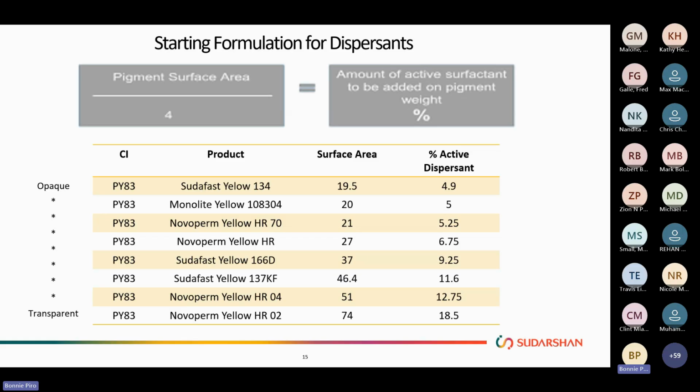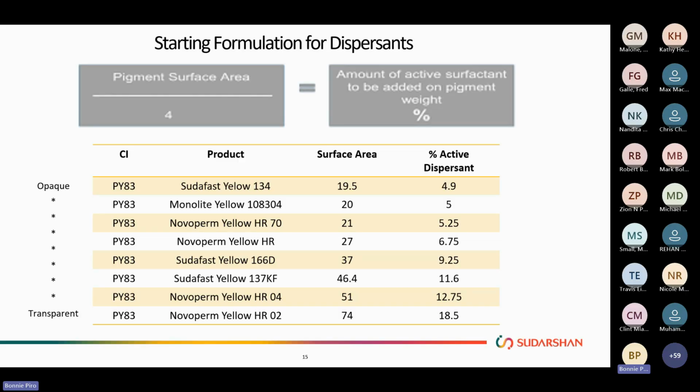Using the standard starting point from a formulation perspective, the surface area divided by 4 will give you a clue as to where to start on how much dispersion to use in your formulation. The more opaque the pigment is, the smaller the surface area, the less dispersion you're going to need. The opposite is true for the more transparent one. It's going to generate a lot of surface area, so you're going to need much more dispersion than you would in a comparative opaque grade.